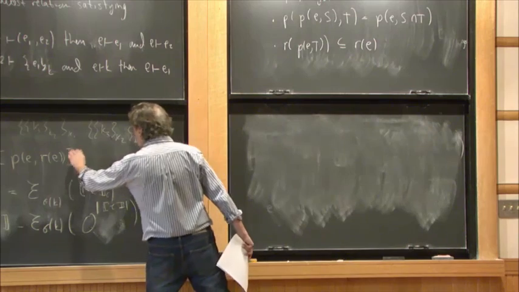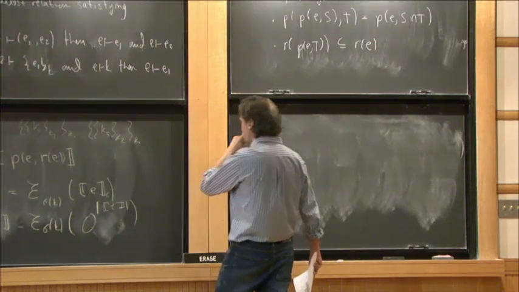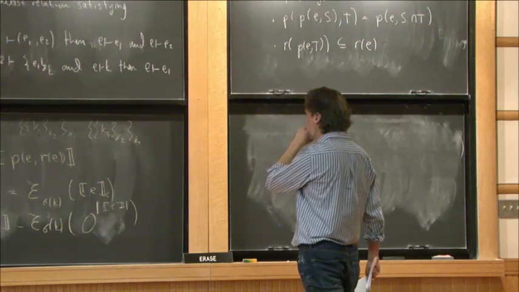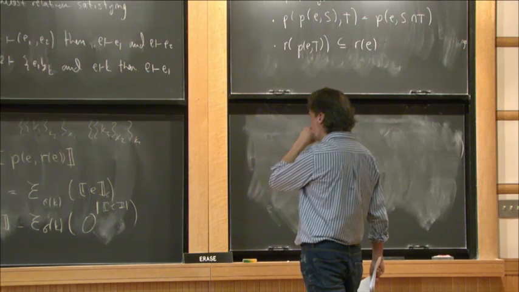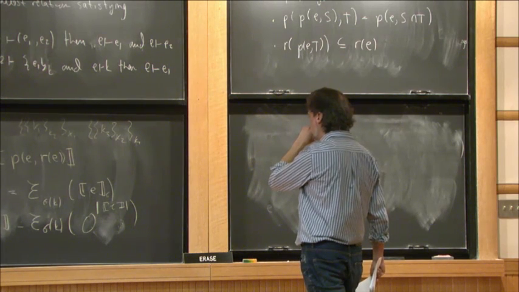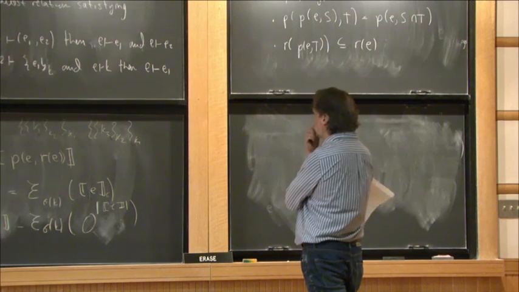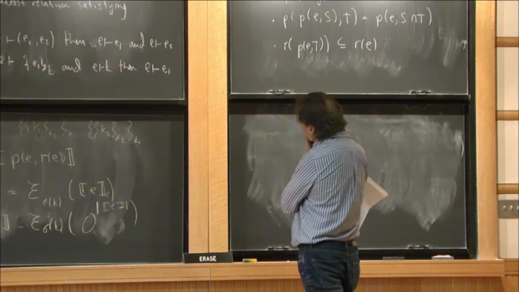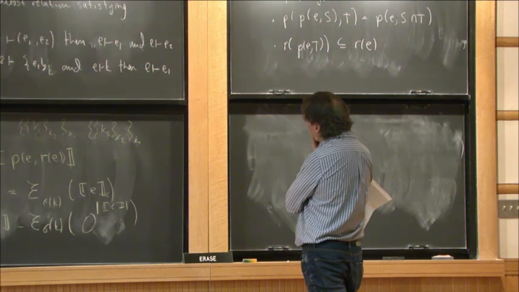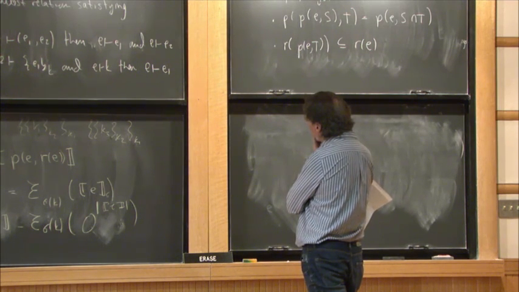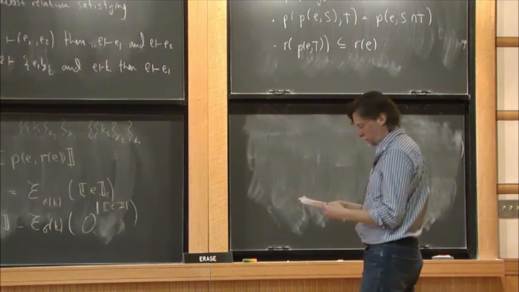Because R of the first expression is K1, R of the second expression is K3. We can take it off. Yeah, I'll have to think about that.